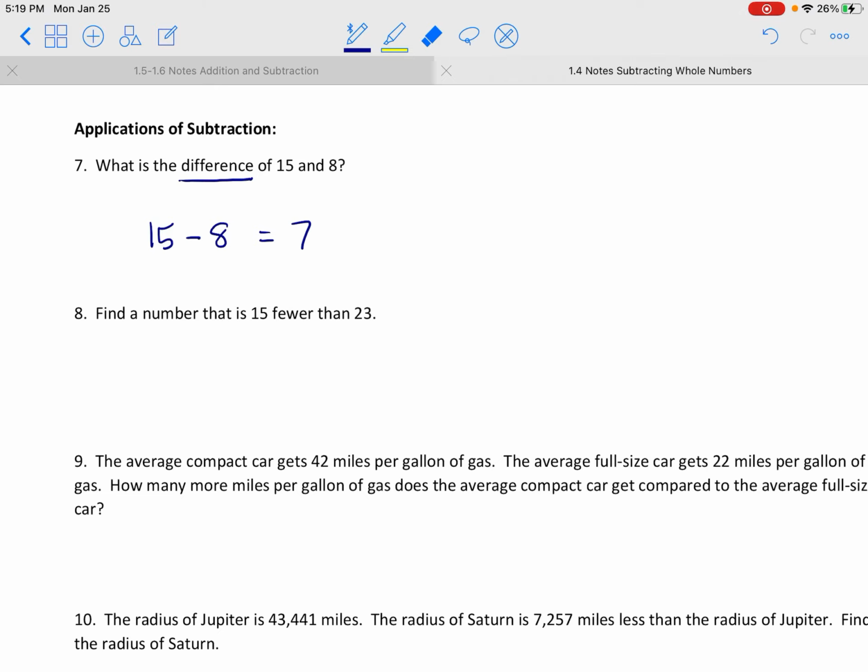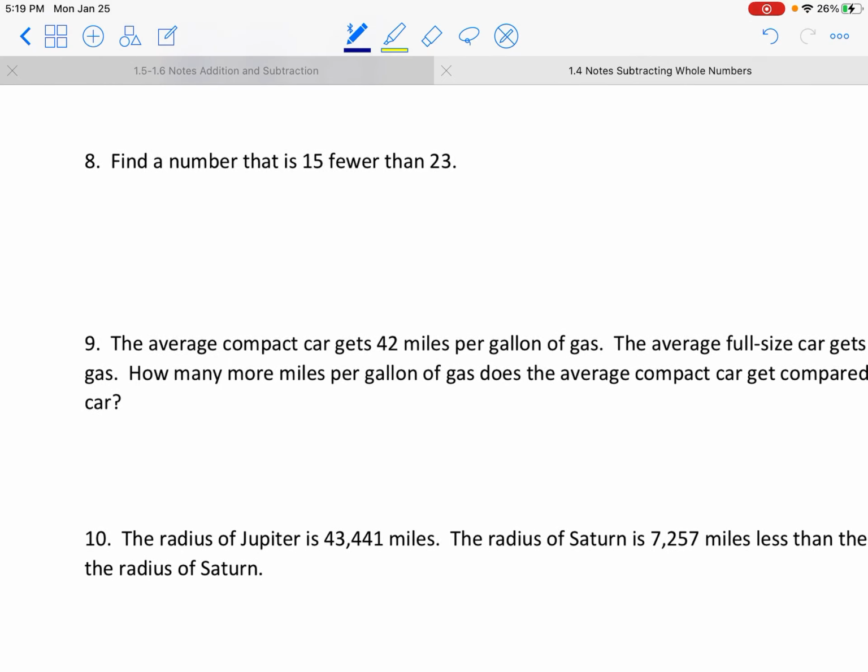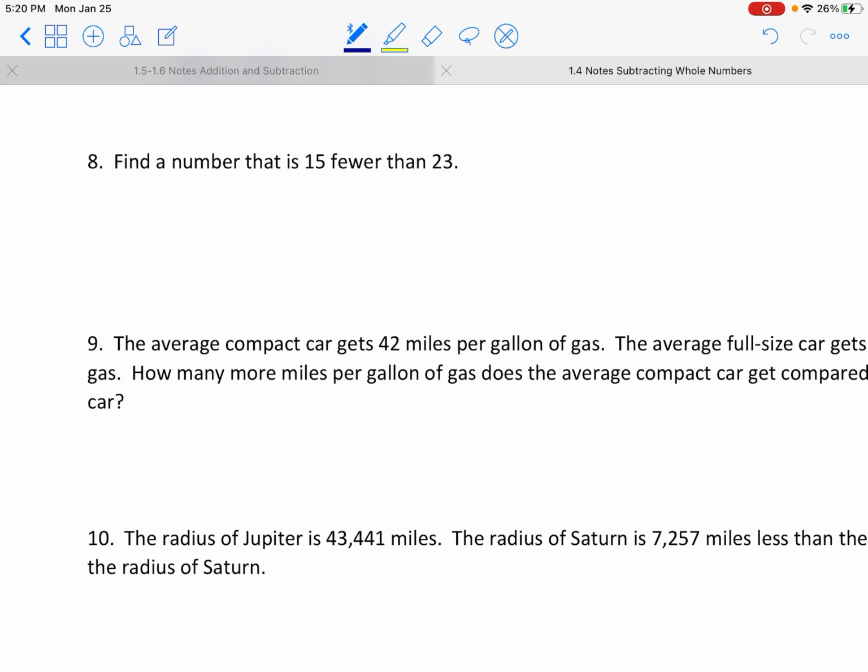Okay? And number 8, another example here, says find a number that is 15 fewer than 23. So 15 fewer than means subtract 15. So if I take 23 and I want 15 fewer, let me subtract 15 out. Then that's going to be 23 minus 15 is 8.